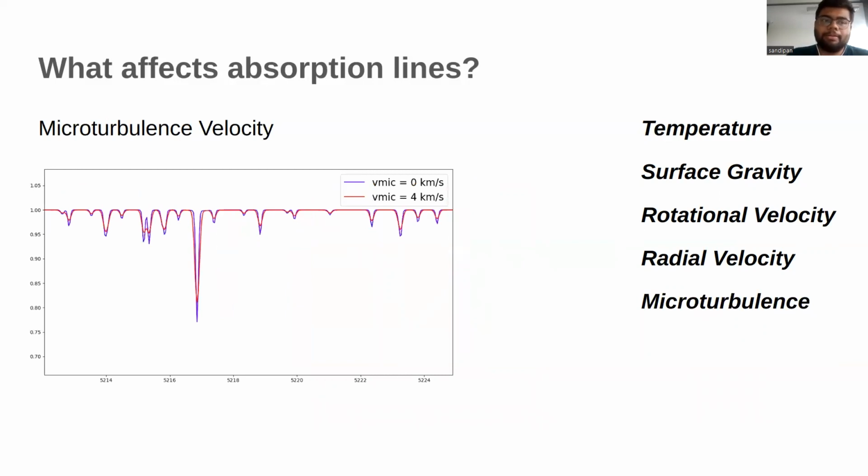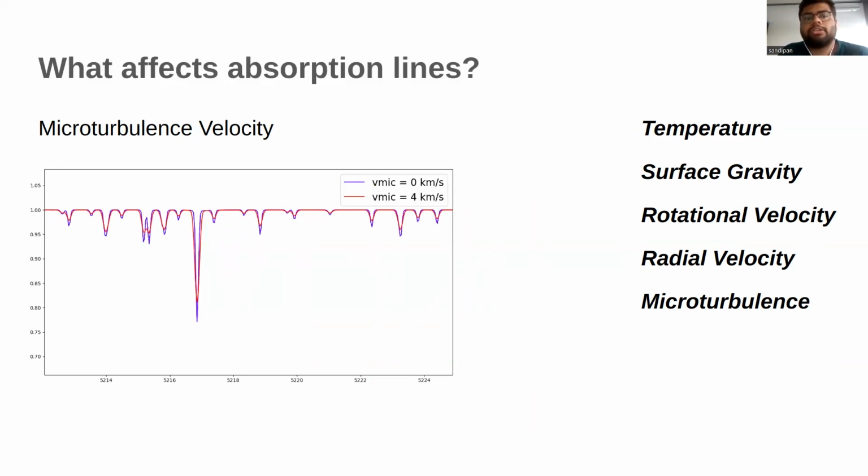Next is the microturbulence velocity. And it's a bit confusing what it actually is. It was introduced to compensate for thermal broadening and collisional broadening. So there were lines which were observed, and people were not able to explain how those lines get broadened just by using thermal and collisional broadening.